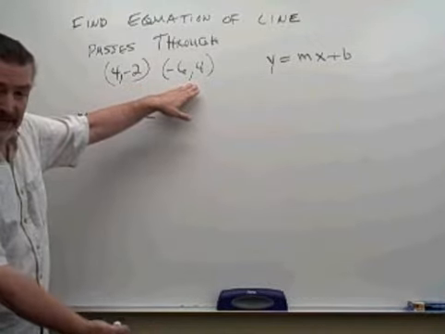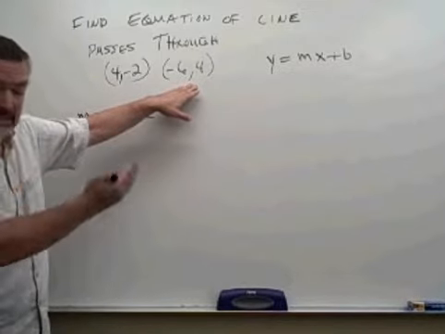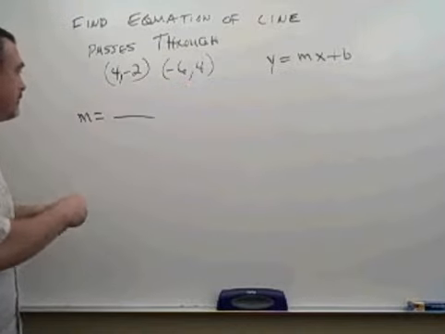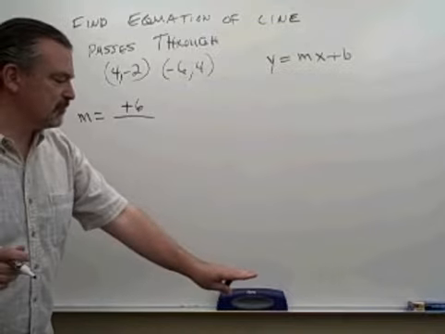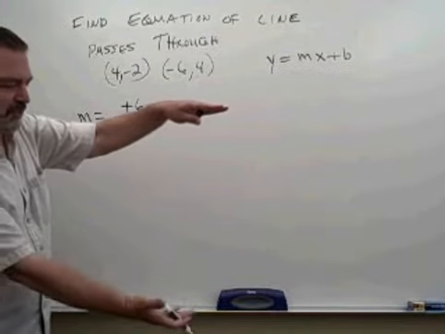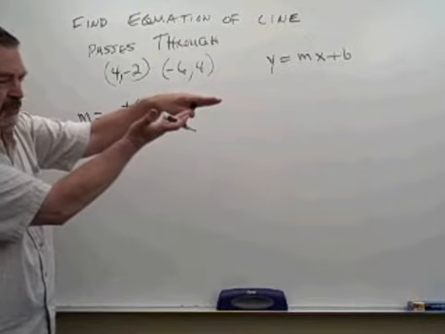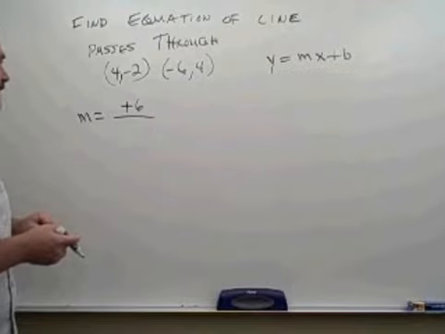So didn't the y go from -2 up to +4? Wouldn't that be an increase of 6 in the y value? If you go from -2 up to +4, you've gone -2 to 0, which would be an increase of 2, and 0 to 4 would be 4 more. That'd be a +6 change of y.